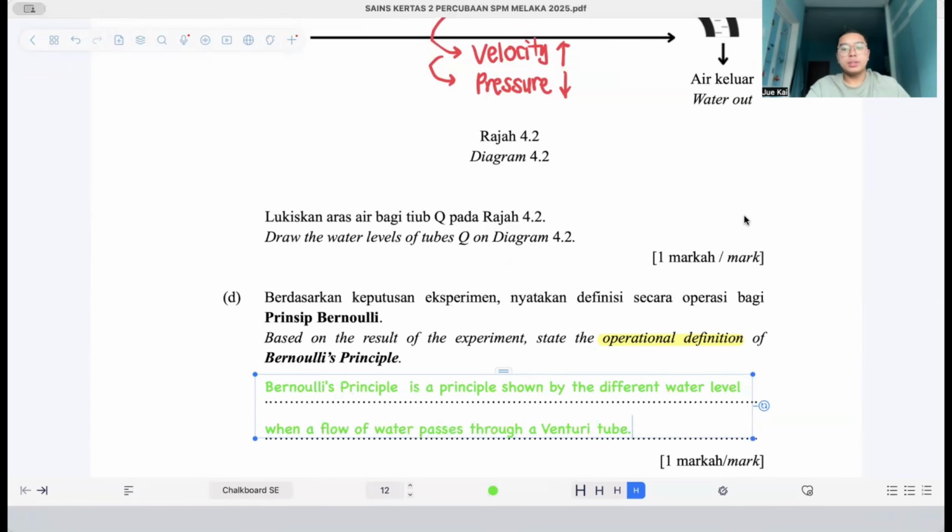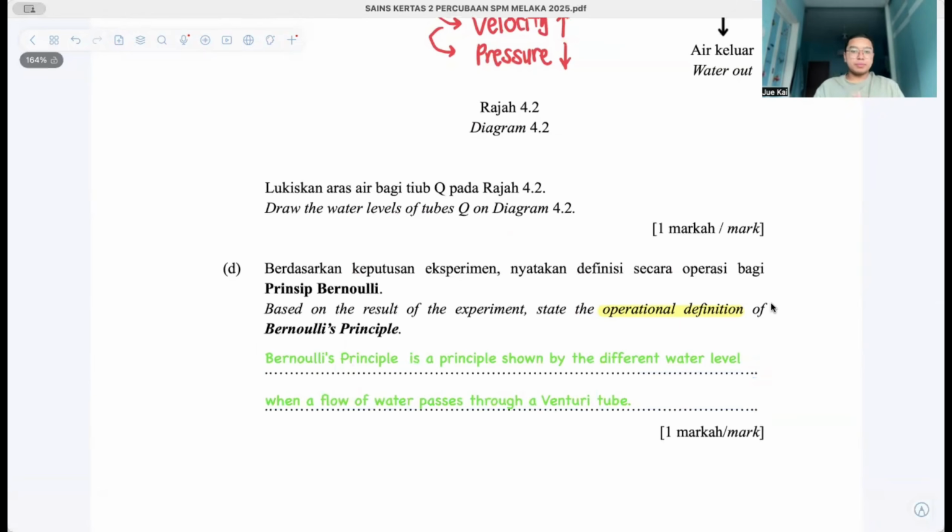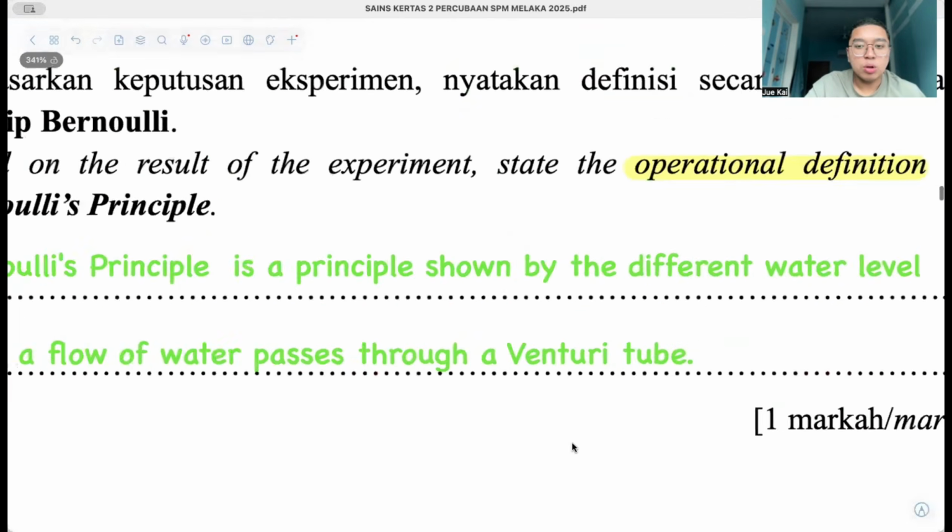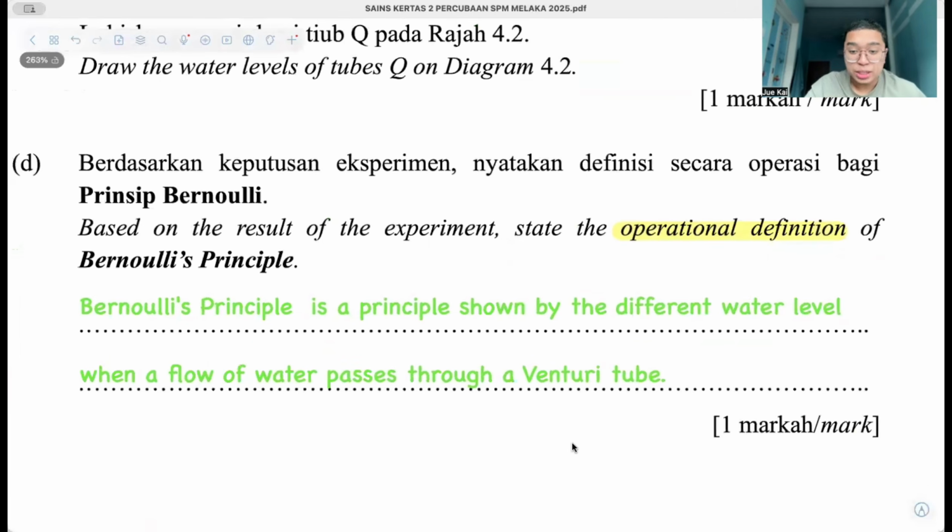Done. 1 mark. Okay, so this is Bernoulli principle's operational definition.